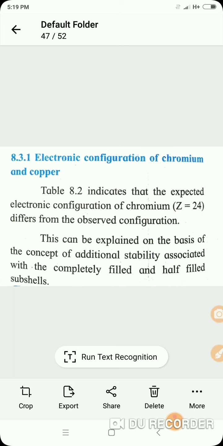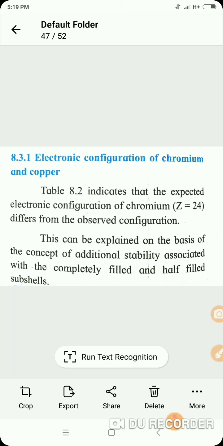We have already studied the expected and observed electronic configurations of chromium and copper. This difference can be explained on the basis of the concept of additional stability, which is associated with completely filled and half filled subshells.